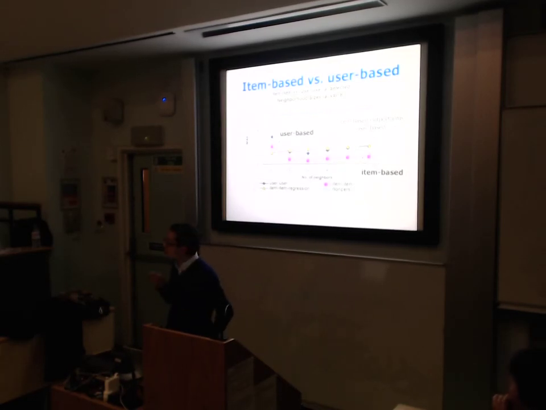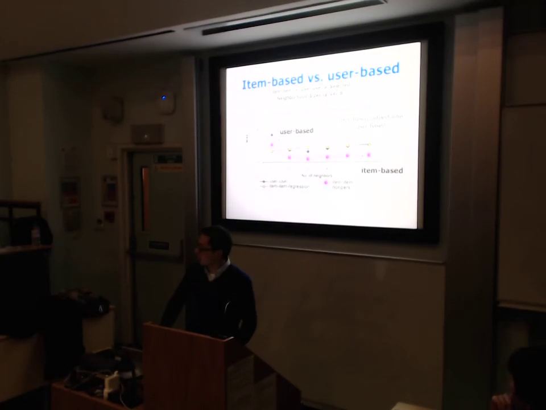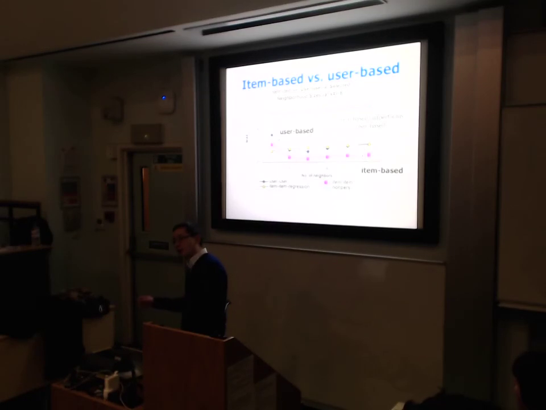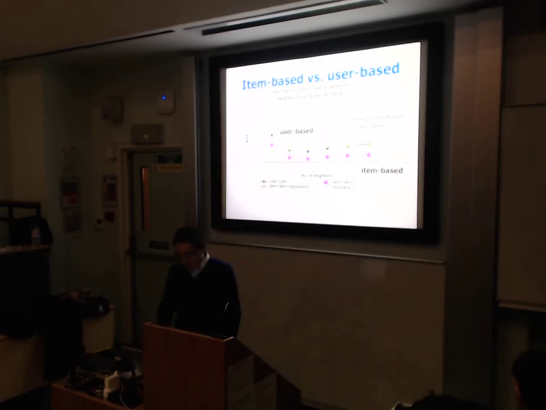That would be a very sound and reasonable way to explain why the performance is better or worse. So I'm going to spend a few slides talking about probabilistic justification. You might see that the user-based assumption perhaps, compared to the item-based one, is not really true in practice. That sort of thing.